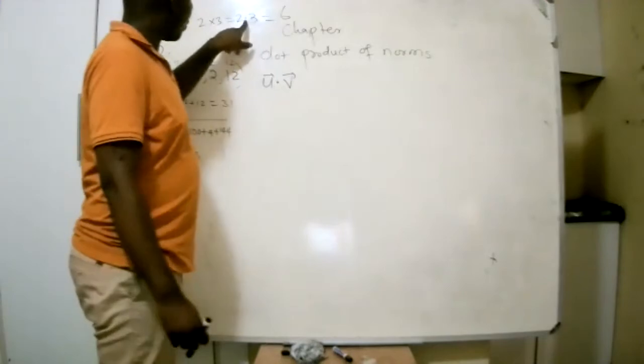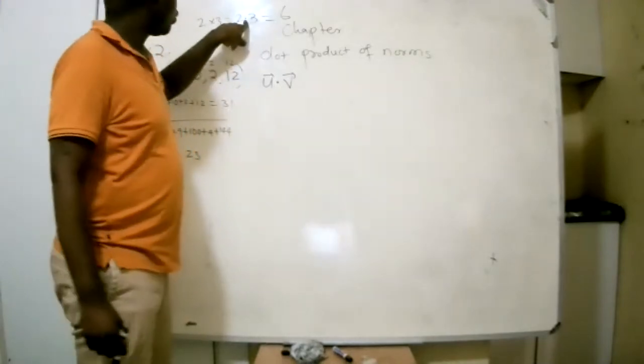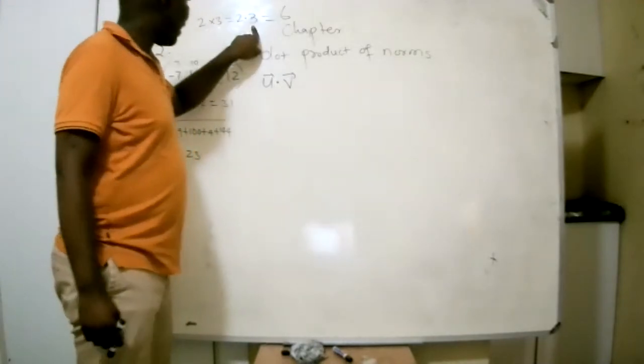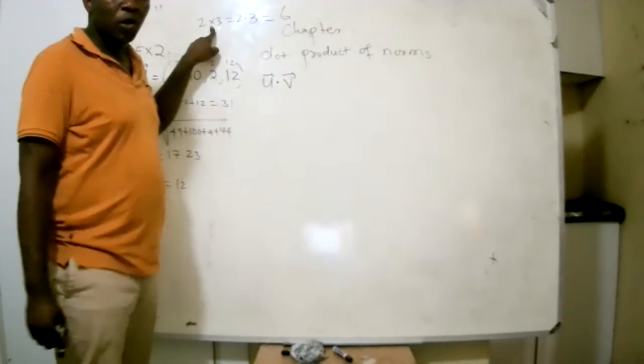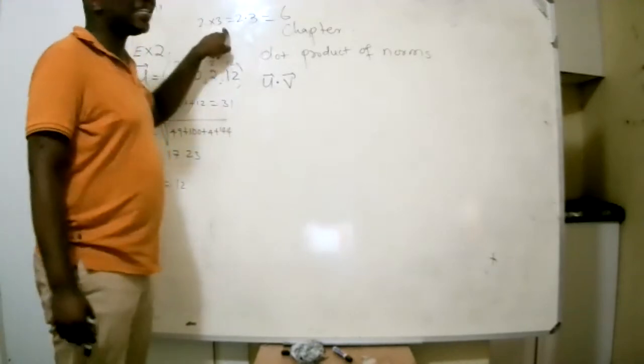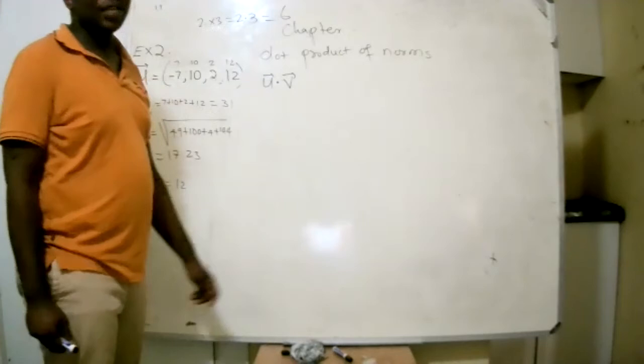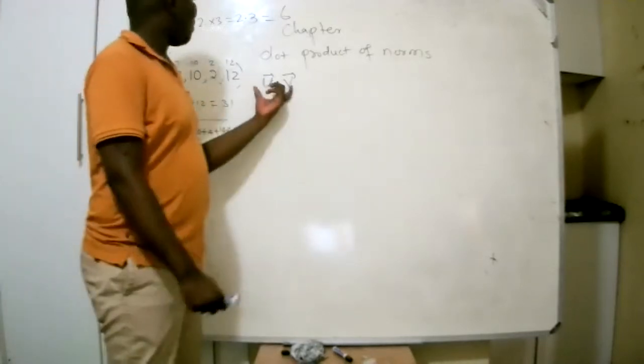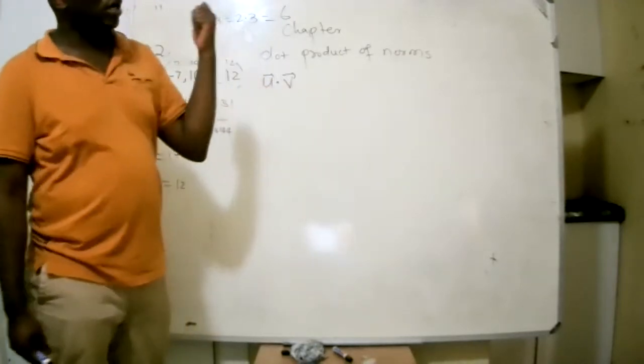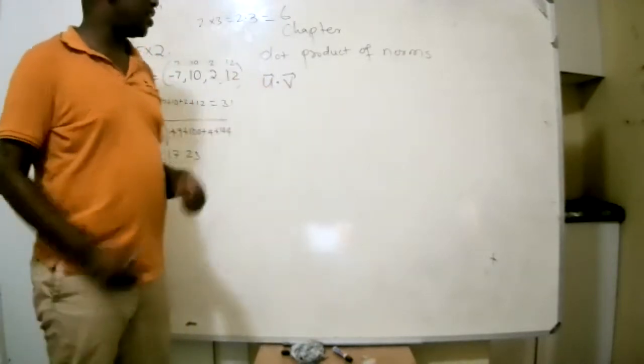So this one is called dot, so it's 2.3, and this one is cross product, 2 cross product 3. Now we apply that in terms of vectors. We apply the dot product and the cross product as a vector.